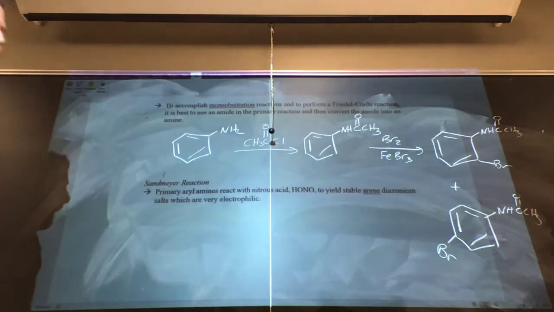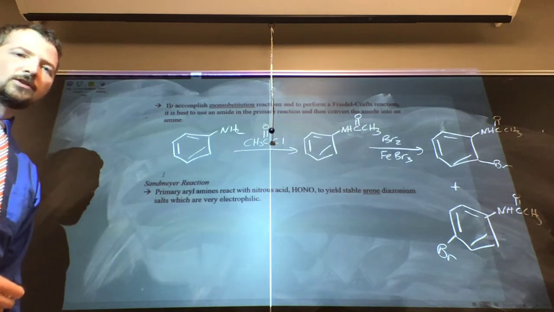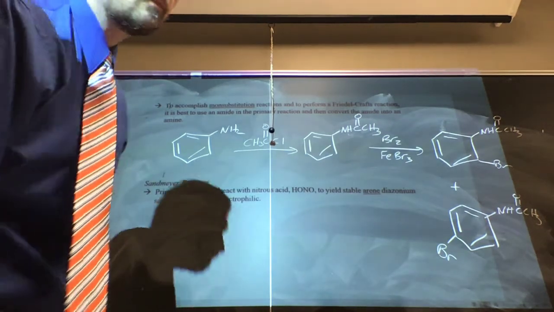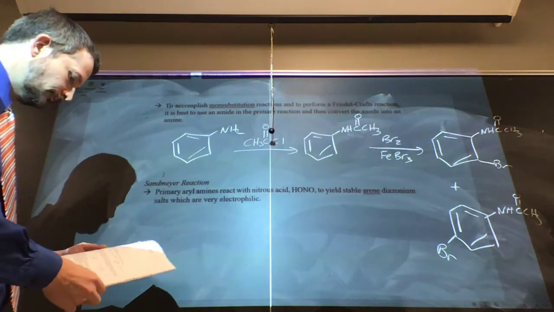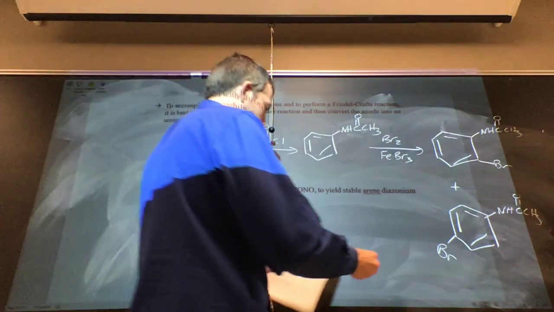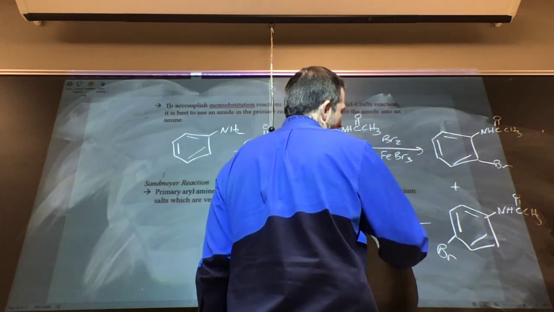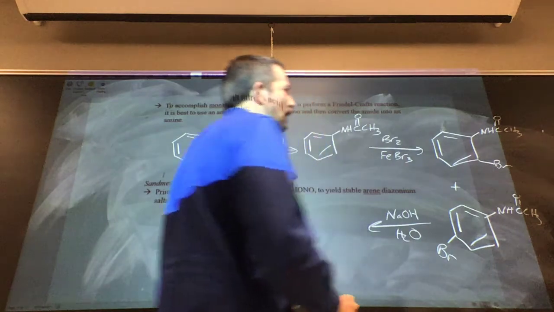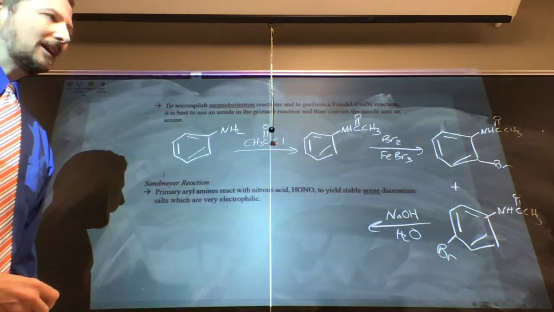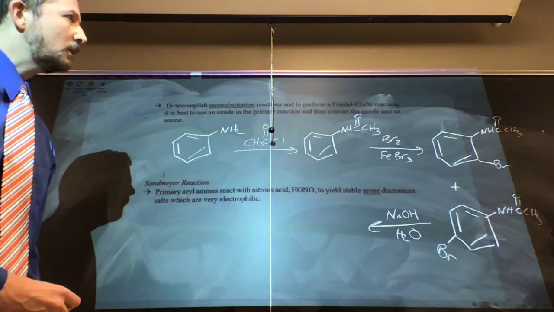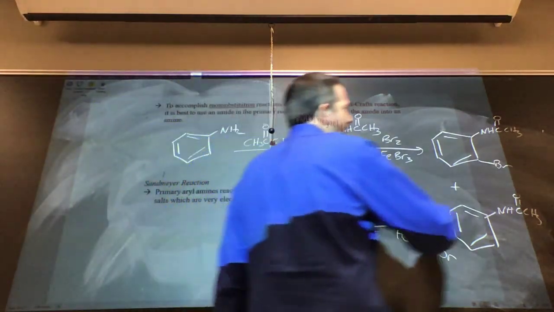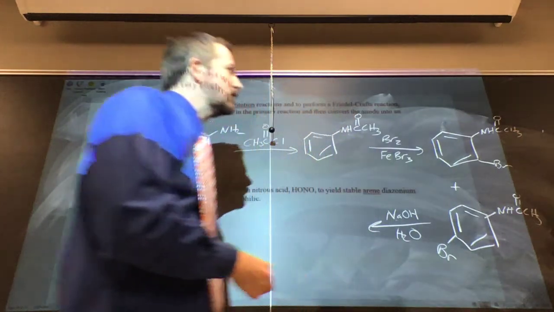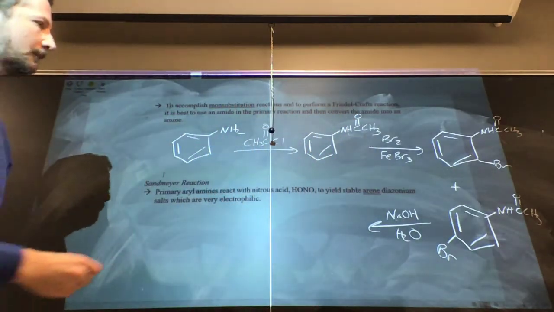You'd mainly probably have the para product just due to steric hindrance. And then after you do your reaction, you can hydrolyze it back to your amine. So hydrolysis just attaches to your carbonyl, kicks it off as your NH2 as a leaving group, so you end up with your amine back.